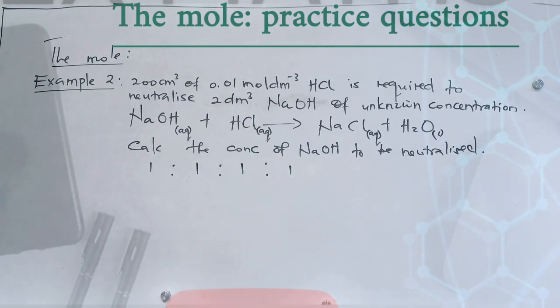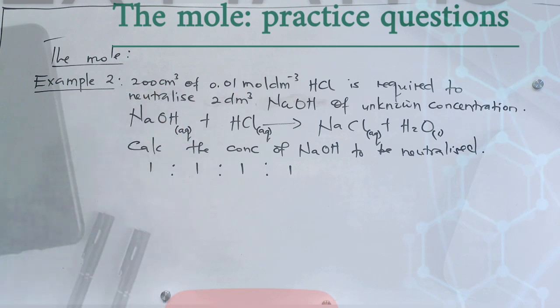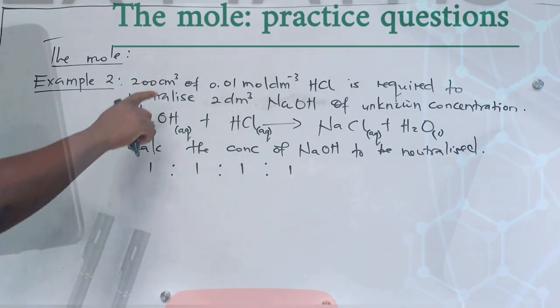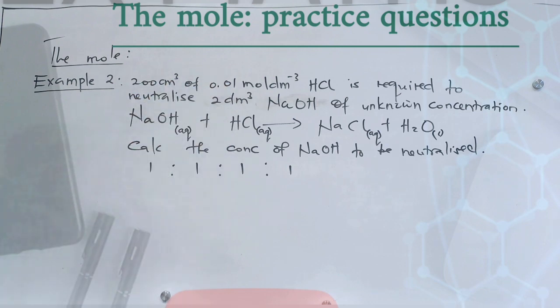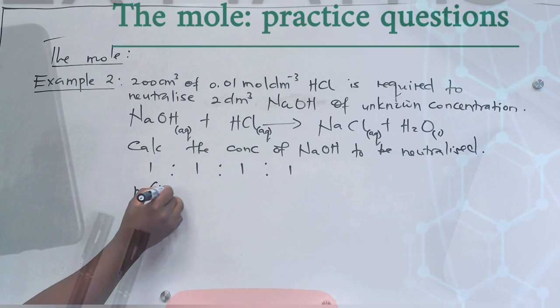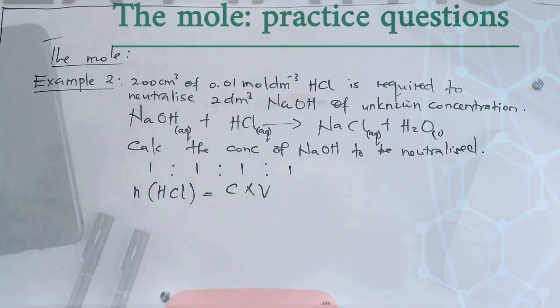So first thing that we need to do, we use one of the species which has enough information to help us find the initial number of moles. In this case, we are given 200 cubic centimeters of hydrochloric acid and its concentration. With this data, it is enough for us to calculate the number of moles. So the number of moles of HCl is equal to concentration times volume.